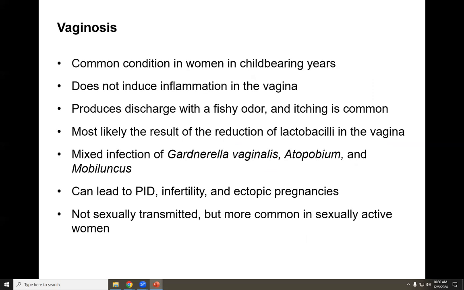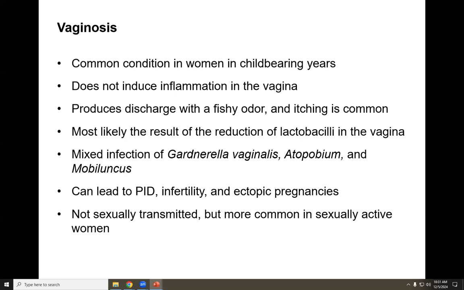So moving on to vaginosis. Now we have infection of the vagina, but not any true inflammation of the vaginal tissue. This is bacterial vaginosis, or BV. It's usually caused by a shift in pH, which causes a shift in your microbiome, and the wrong bacteria will overgrow beyond what your normal lactobacilli would take, maintaining your pH and your microflora.